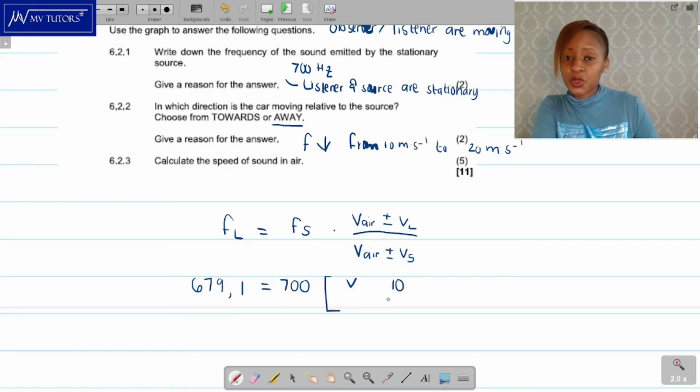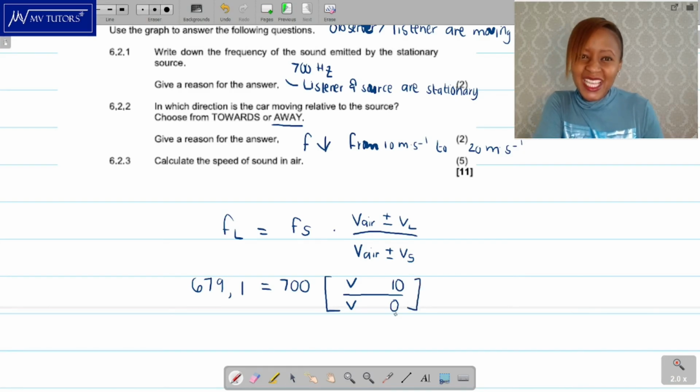Okay, you could have gone with 20, but if you go with 20, then you need to put the associated frequency. Again, this is what we're looking for, and we know that the speed of the source is actually 0 because it's stationary. Now again, what do we put, plus or minus?